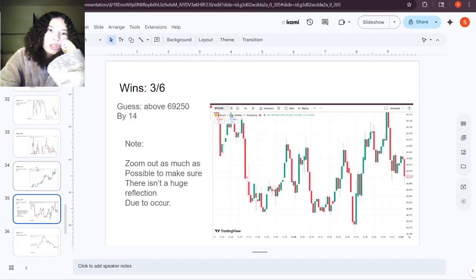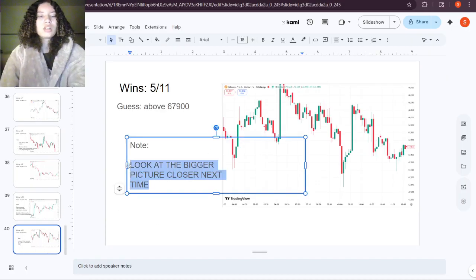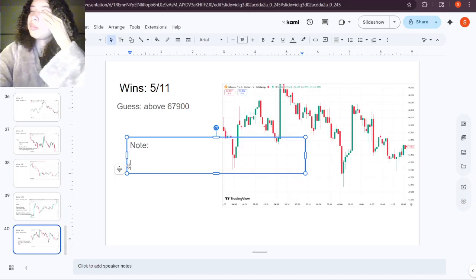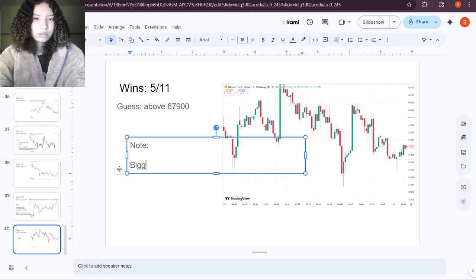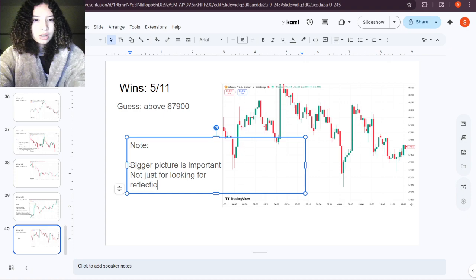Okay, zoom out as much as possible to make sure there isn't a huge reflection. So it actually wasn't the same, but it was similar. Because before it was missing a reflection, but this time it was missing a downturn. Bigger picture is important, not just for looking for reflections, but downturns too.